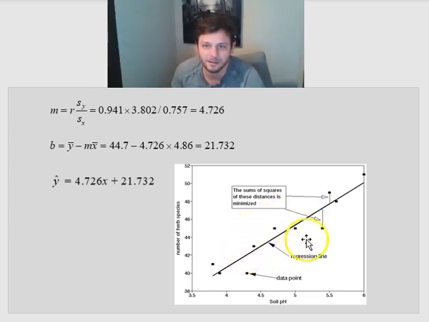Because you can see here that not all these line up on this line. There is some wiggle room there. But it's going to give you a really dang close estimate, especially with an R of 0.941. That's a really high R. So your estimation is going to be pretty spot on. It has a really high confidence interval.